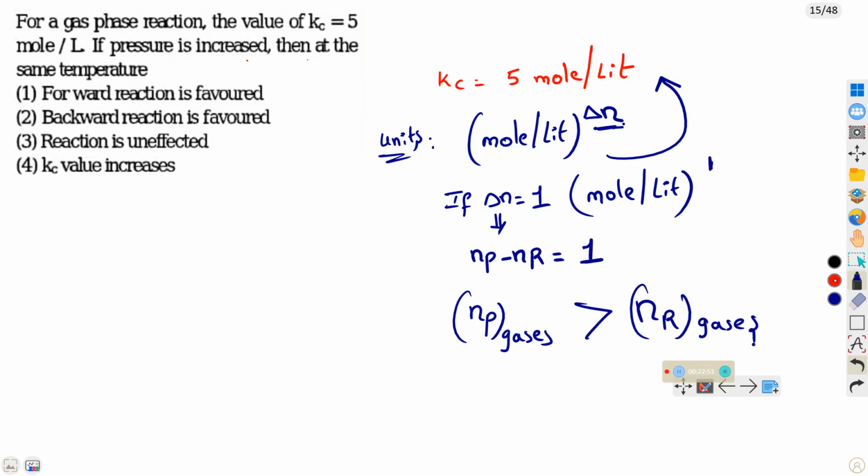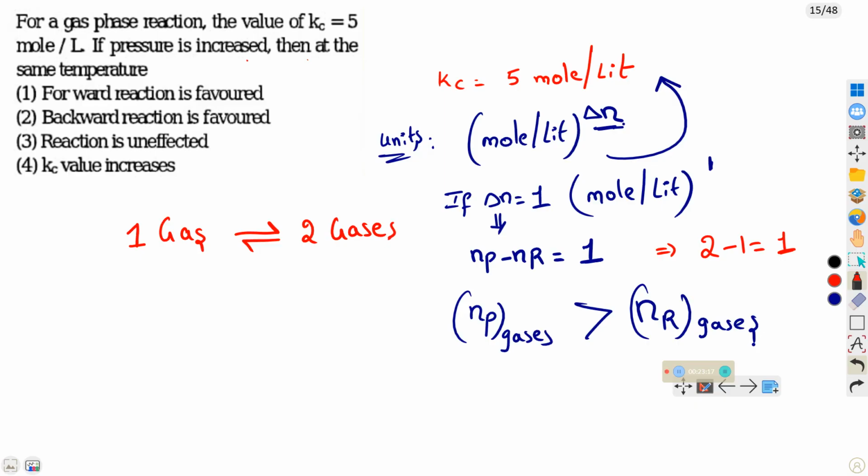For example, you can assume gaseous products are 2 and gaseous reactants are 1, then only we will get a positive value. Otherwise, we will get a negative value. So 1 mole of gaseous reactant is converted to 2 moles of gaseous product.